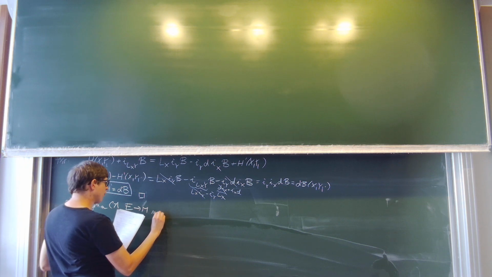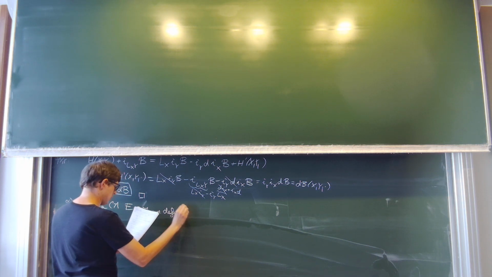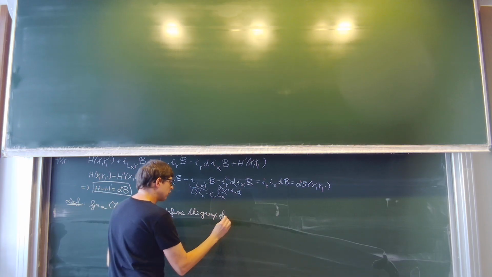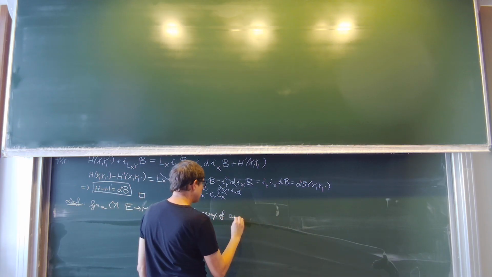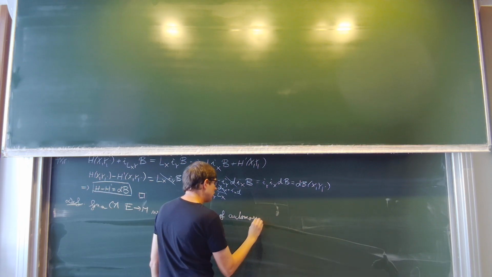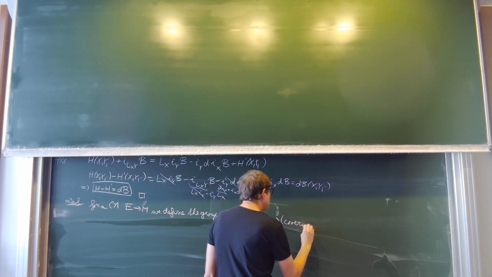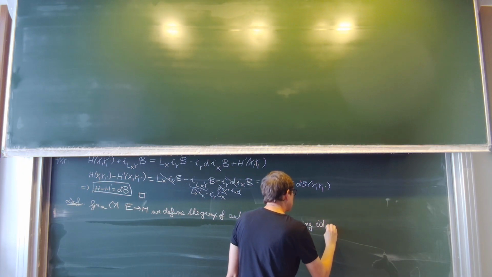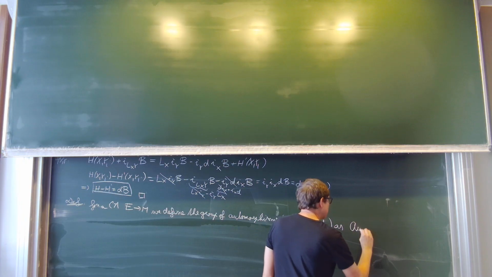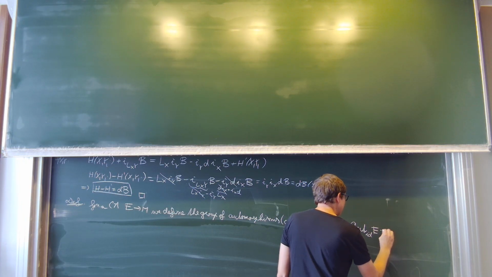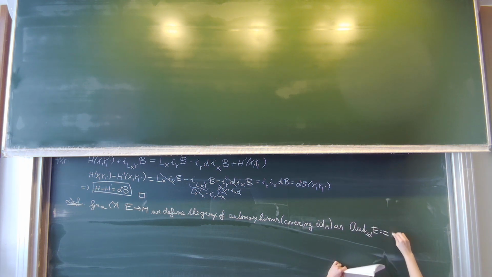So for a Courant algebroid, we define the group of automorphisms, maybe covering the identity, S, and now I will write out identity, E, and I take this to be simply isomorphisms of E to itself, covering the identity.